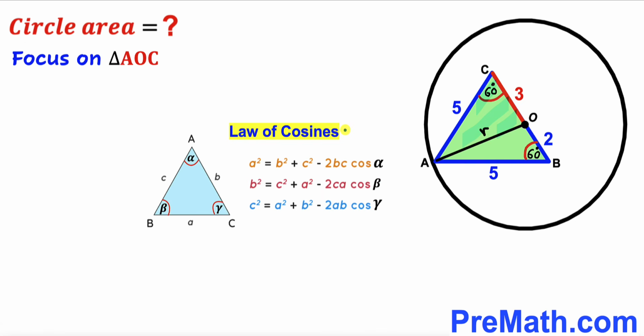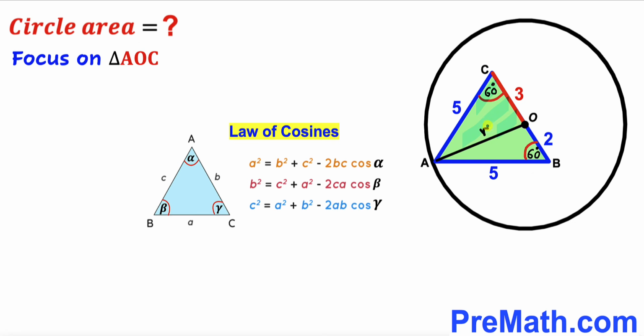Let's recall the law of cosines for a triangle ABC, whose interior angles are alpha, beta and gamma, along with side lengths lowercase a, b and c. We end up with these 3 laws of cosines. We are going to apply the law of cosines on our triangle AOC.